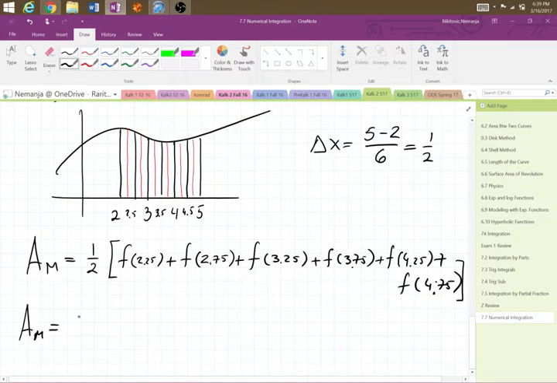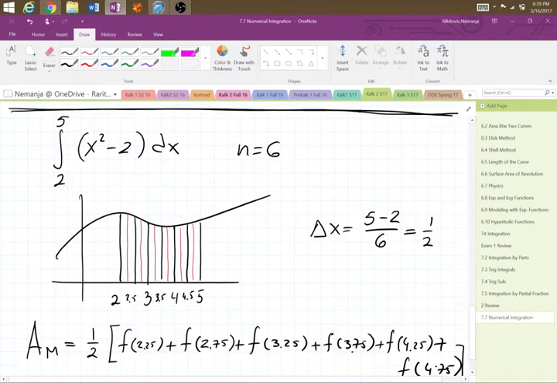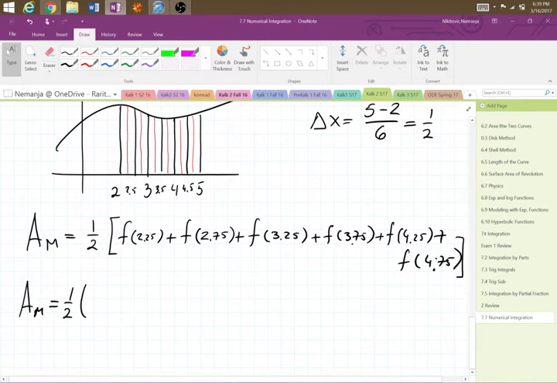So area using the midpoint is 1/2 times, and now function is x squared minus 2. So you go and you compute 2.25 squared minus 2.